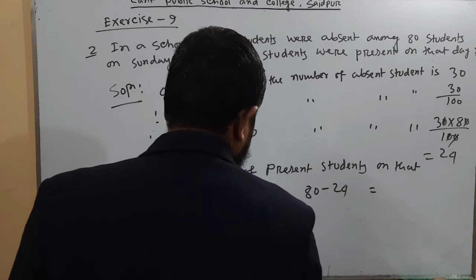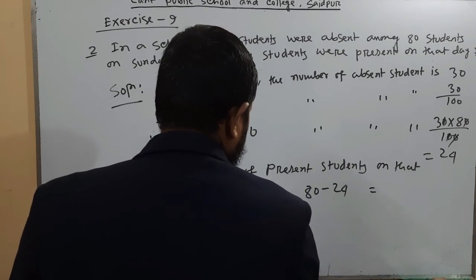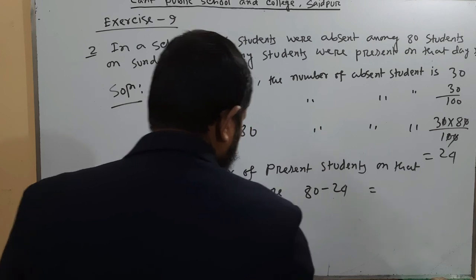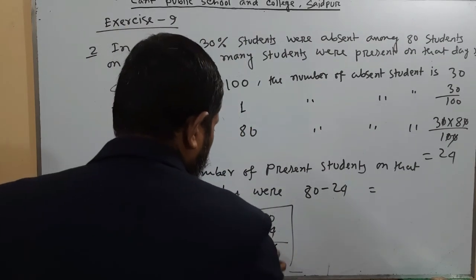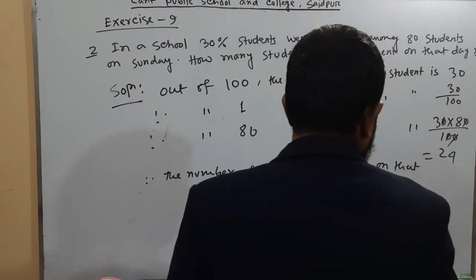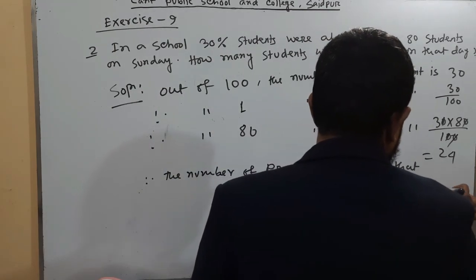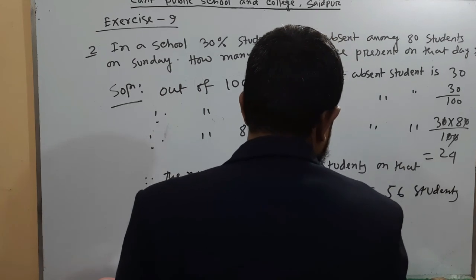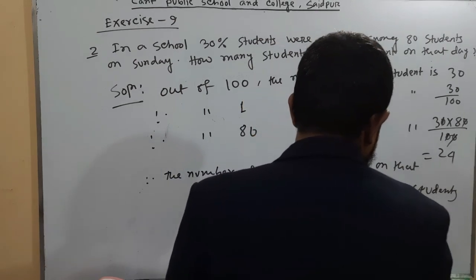So we know, very easy, this is 80 minus 24, 56. 56 students. So the answer will be 56 students.